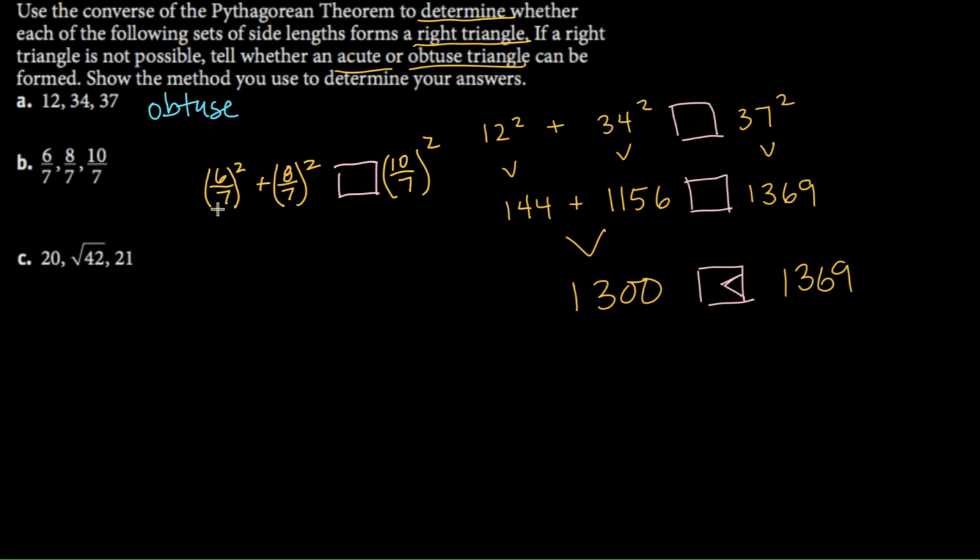The reason I put parentheses is because otherwise it looks like 6 to the second power over 7, or 8 to the second power over 7, but we want the full fraction.